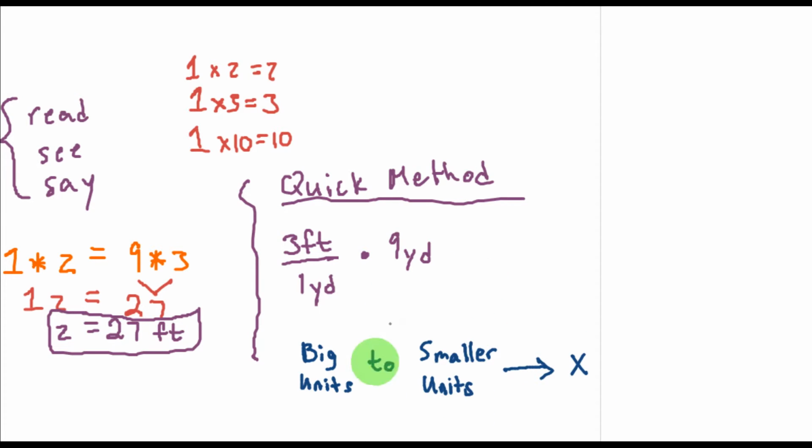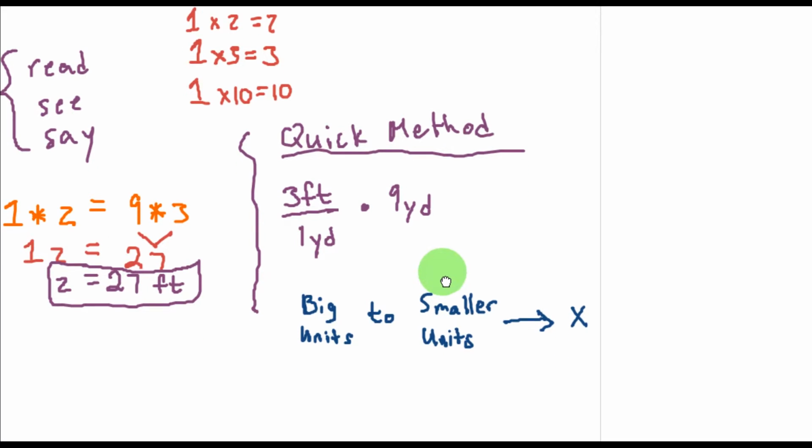If this is confusing to you, here is another way of thinking about it. If I want to turn 9 yards into feet, let's think about what happens to that number 9. Well, 9 yards became a much larger number when it was converted into feet. It became 27.